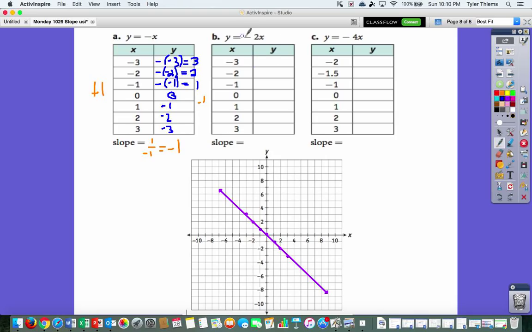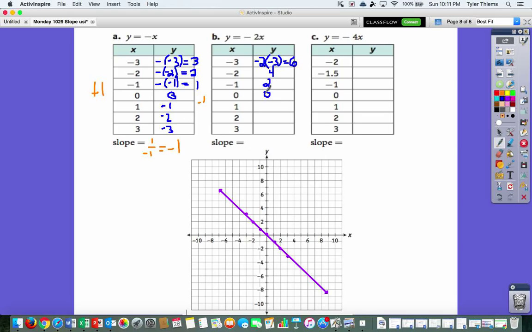Now, y is equal to negative 2x is the equation, so we're going to plug in. I'll show you how to plug this in. So it's negative 2 when x is negative 3. So now it's negative 2 times negative 3, which should give you positive 6. Negative 2 times negative 2 gives you 4. Negative 2 times negative 1 gives you 2.